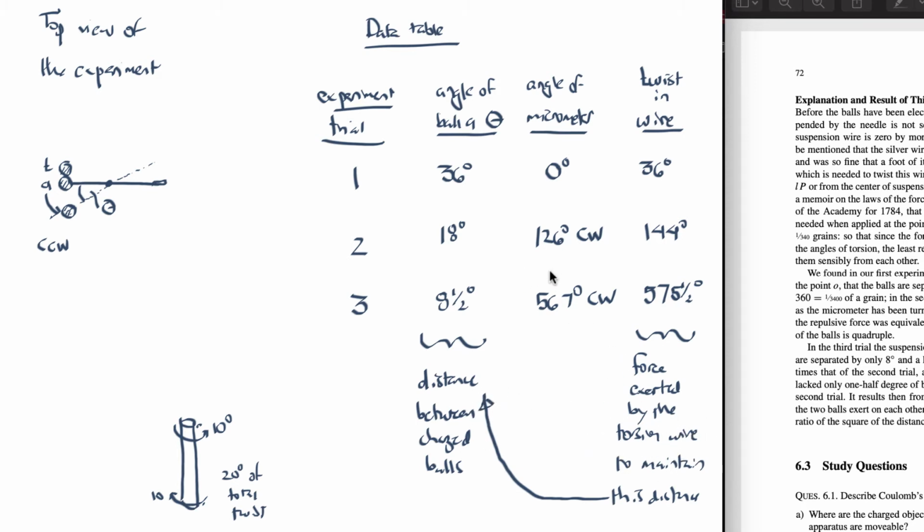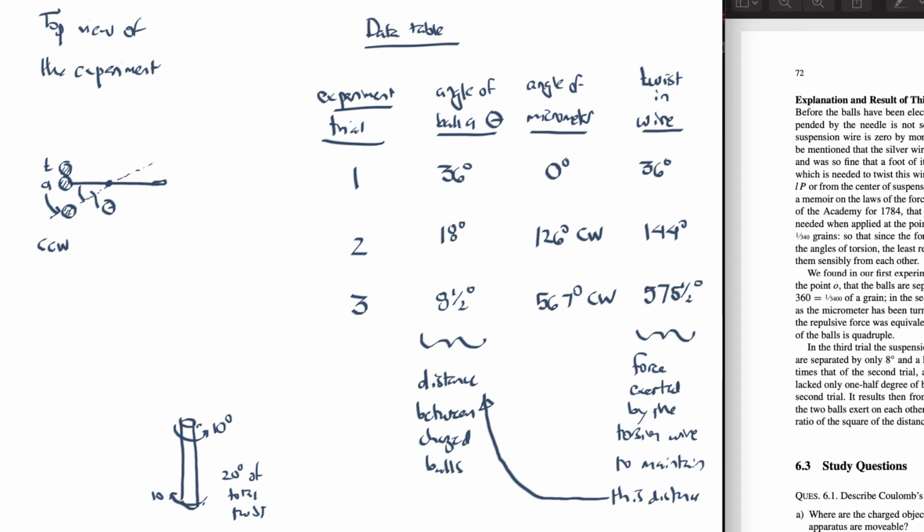Okay, so notice what's happening here is that as you apply more and more force to try to push the balls together by twisting the wire, the balls do get closer together. But let's compare these numbers. In order to go from data point 1 to data point 2, you have halved the angle.